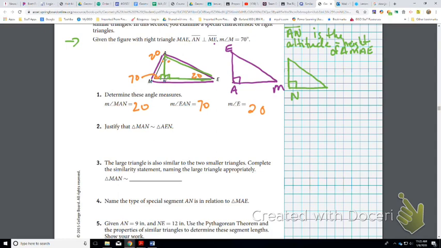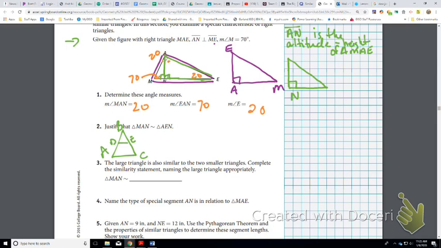Now, here's the trick to these. We are going to go back to when we did congruency as well as similarity, and use our reflexive property. Remember those last ones we looked at, where we had triangle ABC and then the other little one, triangle DBE?